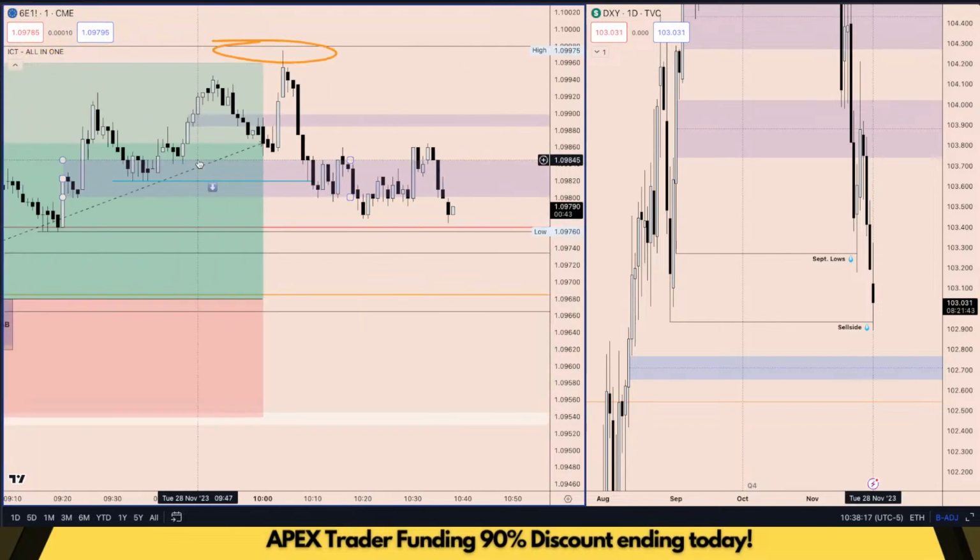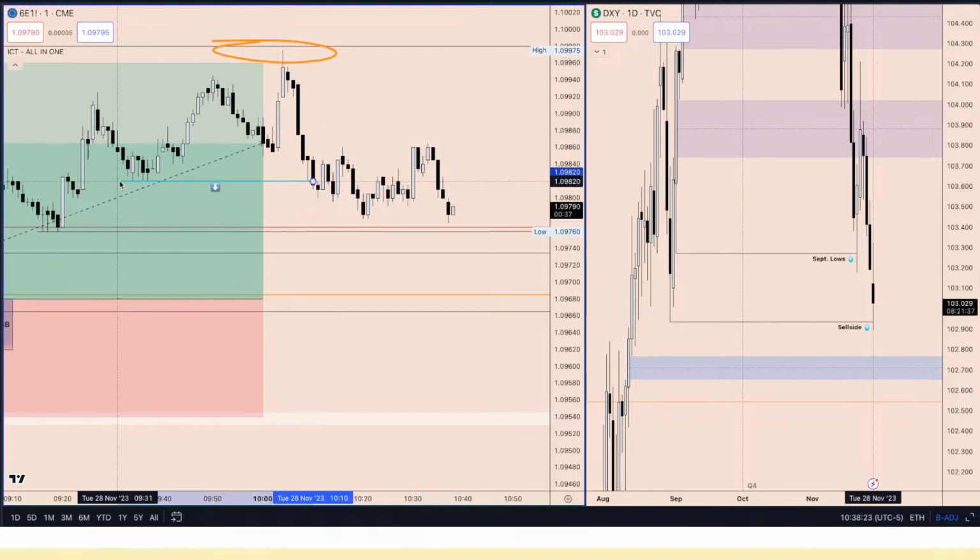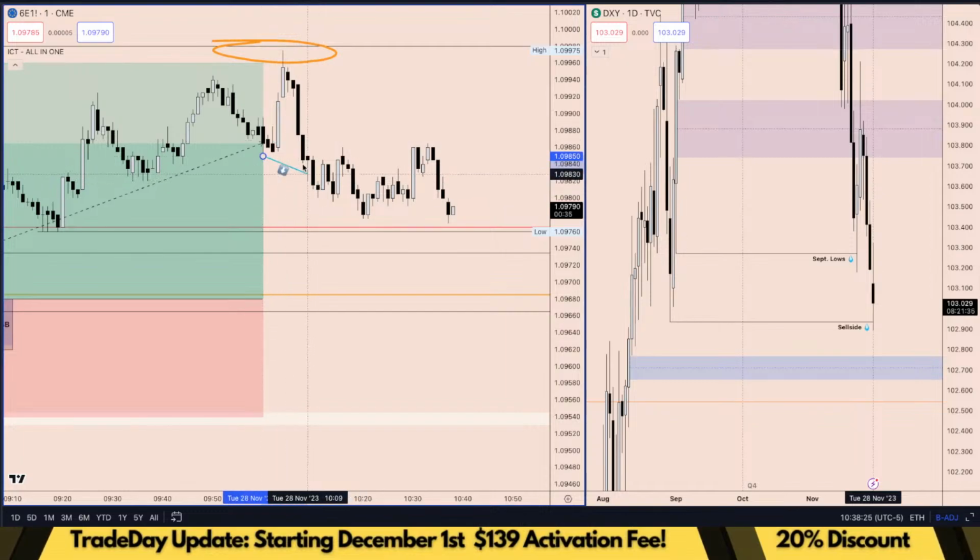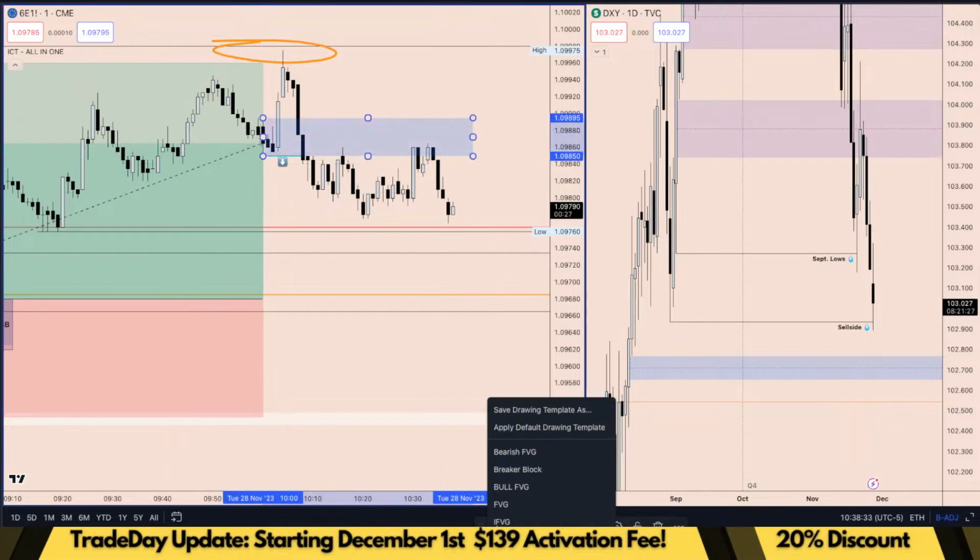1 minute time frame. Market structure shift. Breaker block.